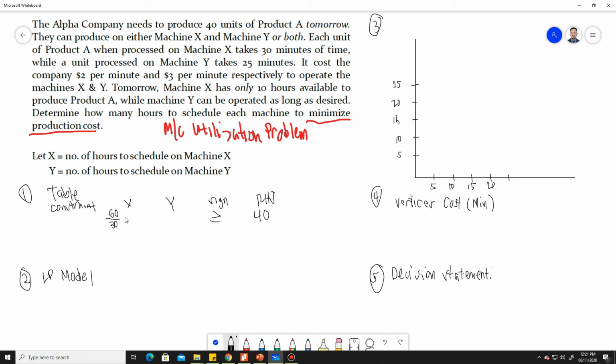So ibig sabihin, we have 2 units for X. And then sa Y naman, it takes 25 minutes. So sa isang oras, 60 divided by 25, we have 2.4 units. So papansinin nyo, yung unit of measurement nila, pare-parehas siyang units, no? So that is the first constraint, which is the processing.